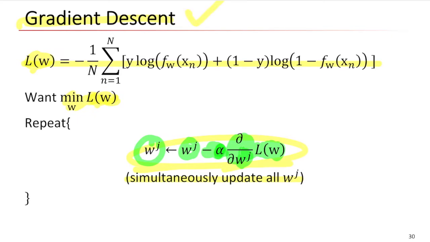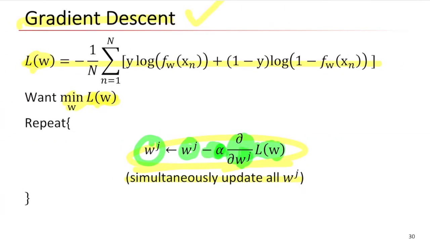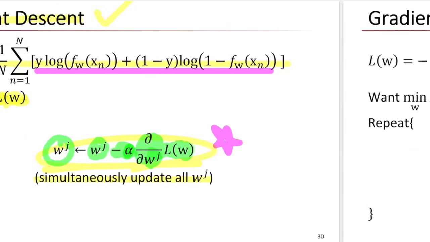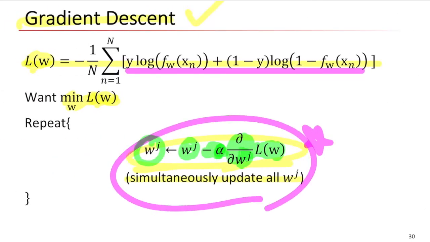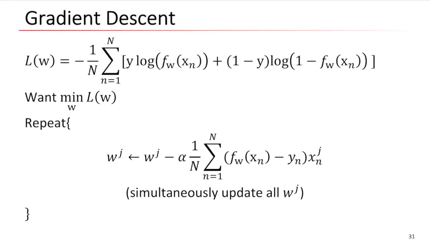I just briefly skip this part because most of it is similar to the regression problem. The main difference is just here. From this equation we can derive this one, right?